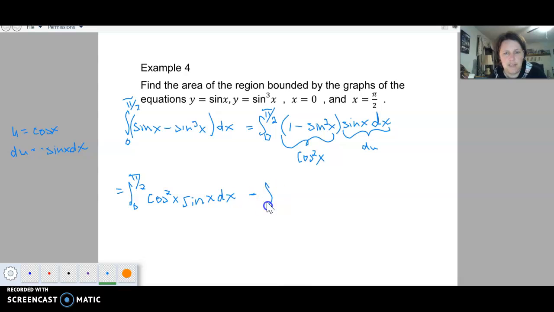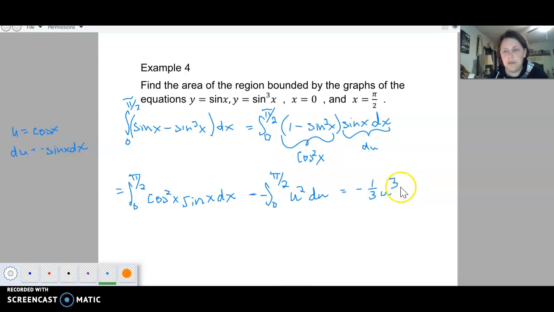Now rewrite again. We've got the integral from 0 to pi over 2 of u squared du, and don't forget the negative out there. Okay, let's go ahead and integrate that. We would have negative 1/3 u cubed.